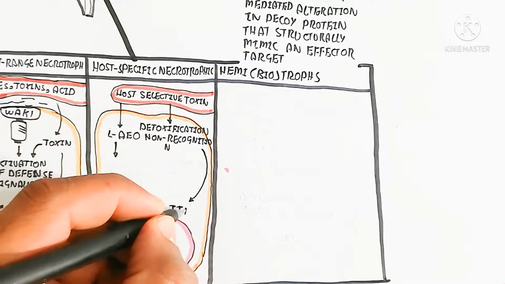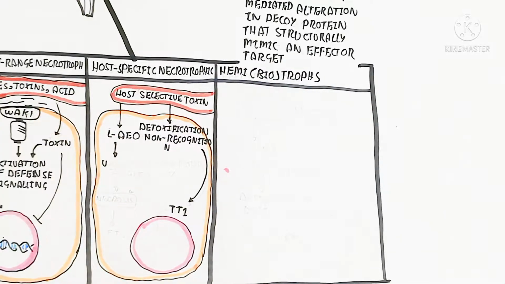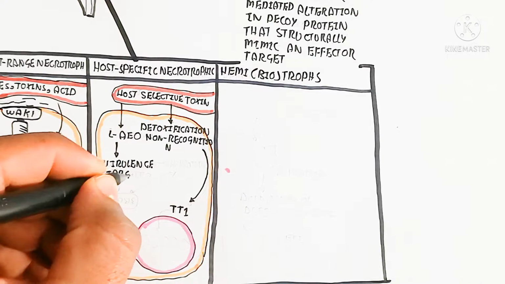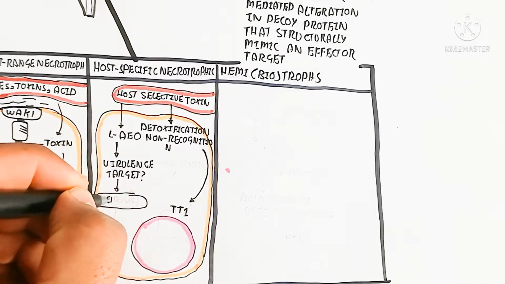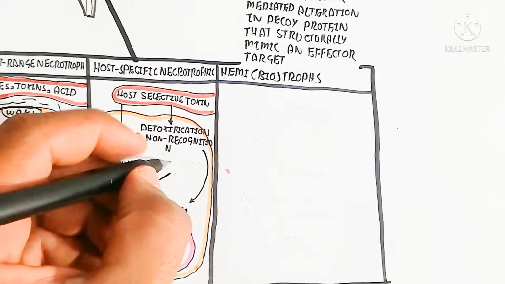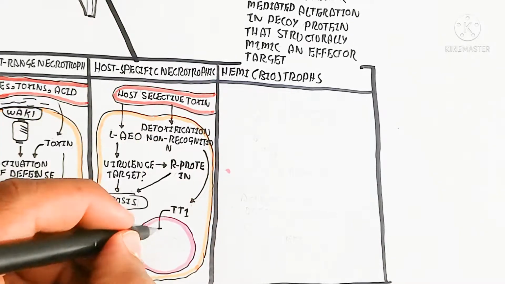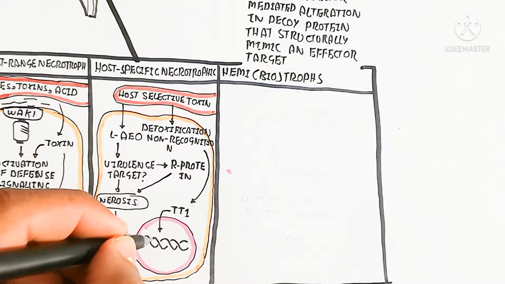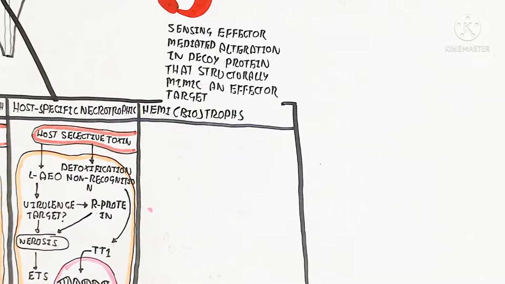While here is the host-specific necrotrophic pathogen, which produces the host-selective toxin that can be directly detoxified, non-recognition, while LAEO is basically the virulence target, and this is the R protein.